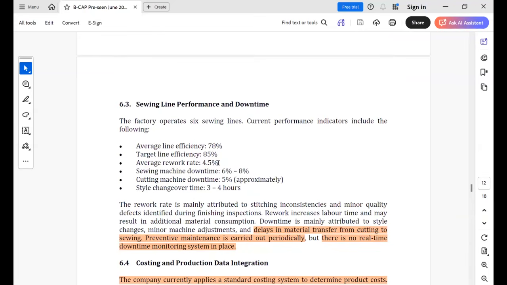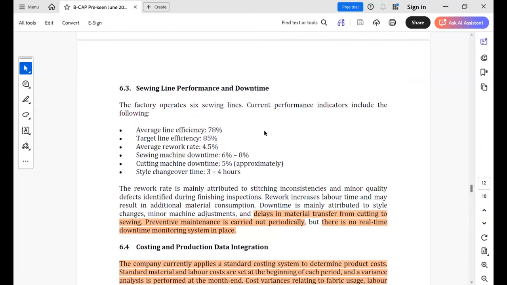And also overtime is not an effective mechanism, right? Then 6.3, sewing line performance and downtime. The factory operates 6 sewing lines, the machine lines, to stitch the garment. Current performance indicators include the following: average line efficiency 78%, which is very poor.